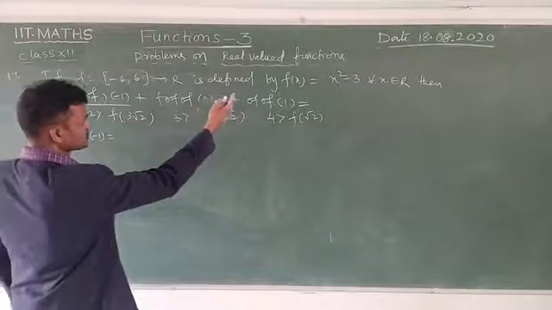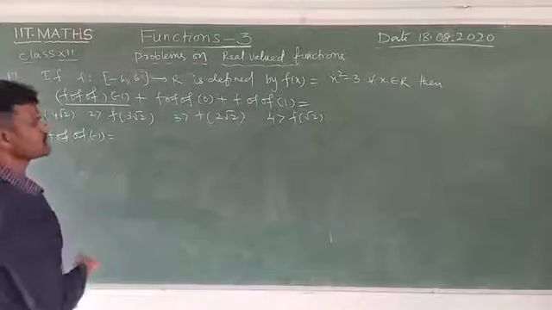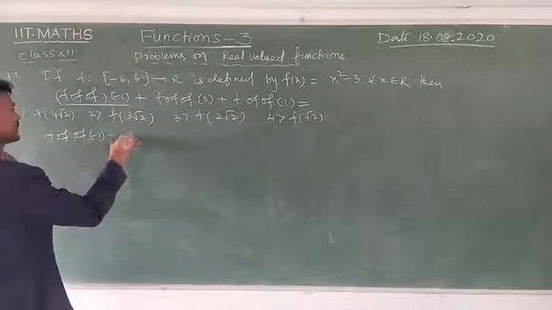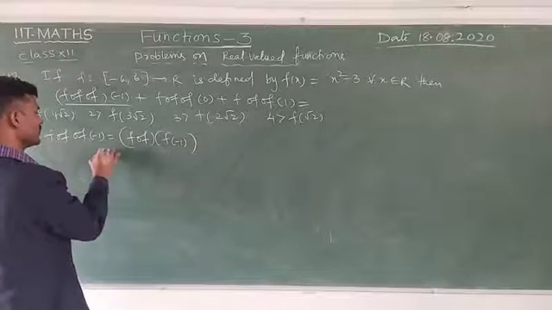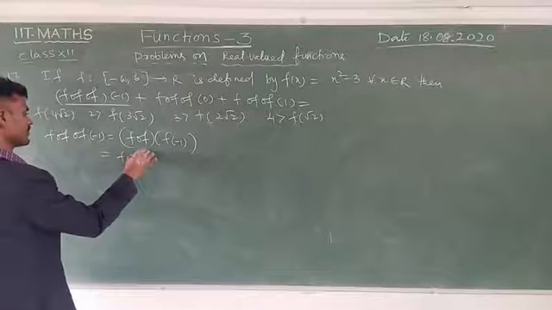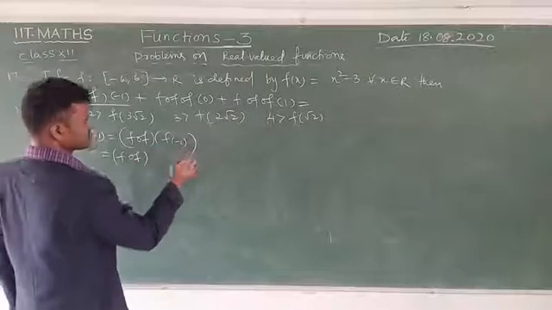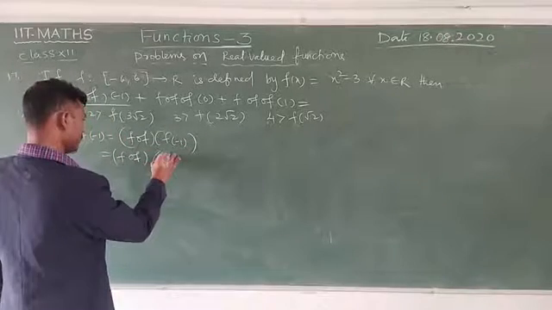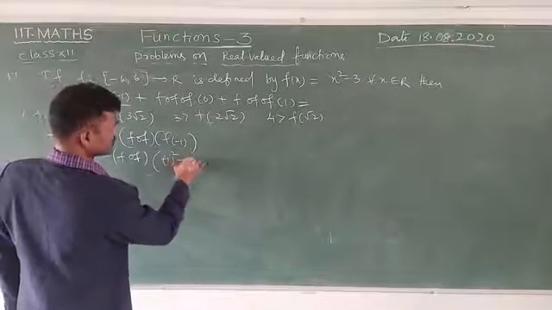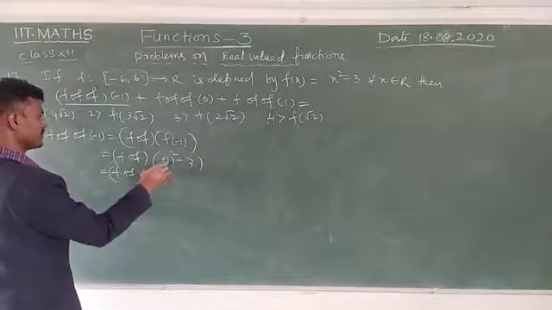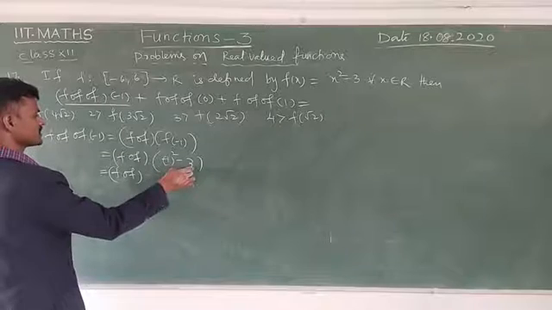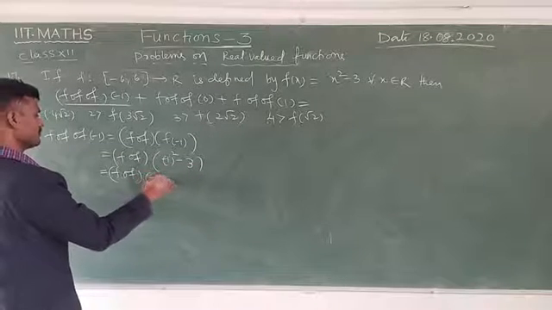Actually f of x is equal to x square minus 3. Now we can write f circle f of minus 1. Now f of minus 1 means minus 1 square minus 3. Now this is written as f of 1 square, 1 minus 3, means minus 2.